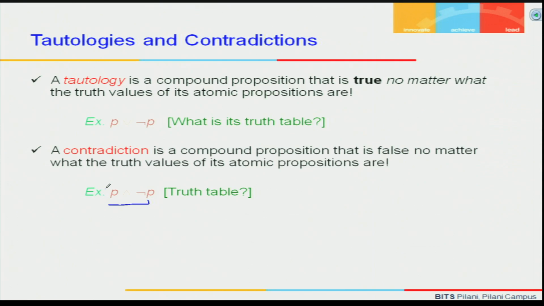In both cases, this particular compound statement always returns false as its value. Hence we call this compound statement a contradiction. If you have a compound statement that is neither a tautology nor a contradiction, all such compound propositions we will call contingencies.